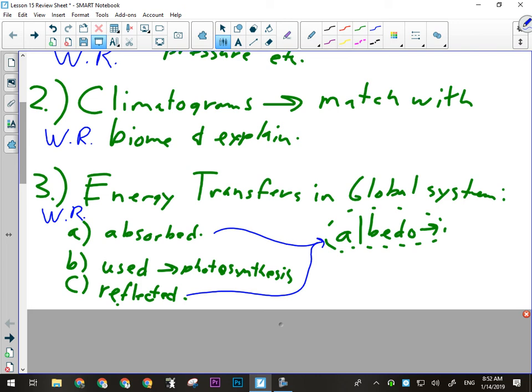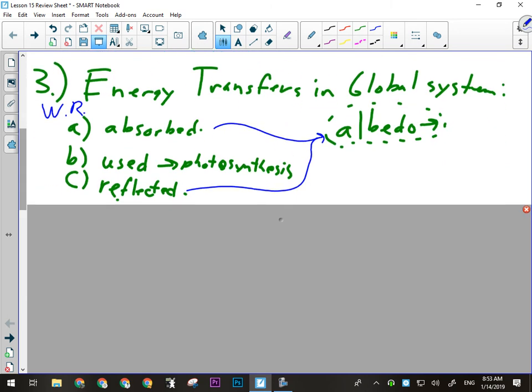I don't want anyone talking about solar panels when they answer this question. This is the natural state of things that we're talking about. Everyone follow? Because it says convert by photosynthesis, absorb or reflected. It doesn't say I'm powering my house because I live in Drake. That's not what we're doing here. All right, so written response question about what can happen to light when it strikes the Earth's surface.